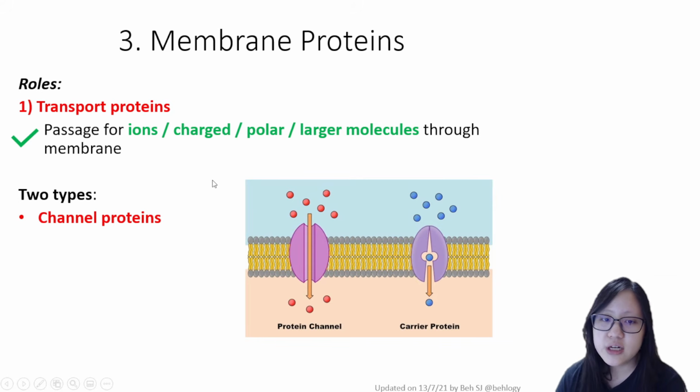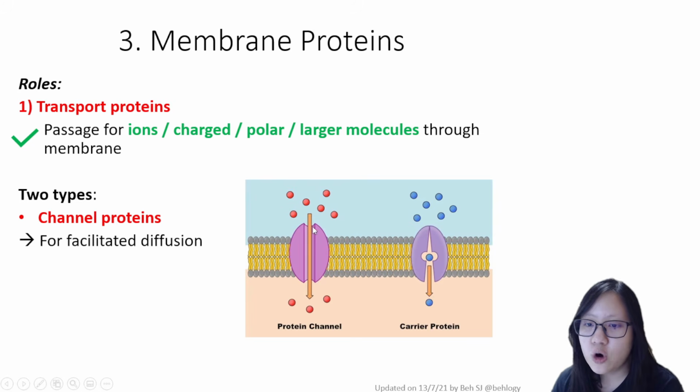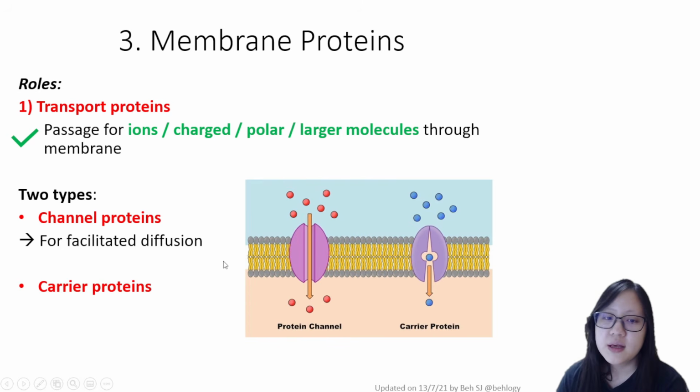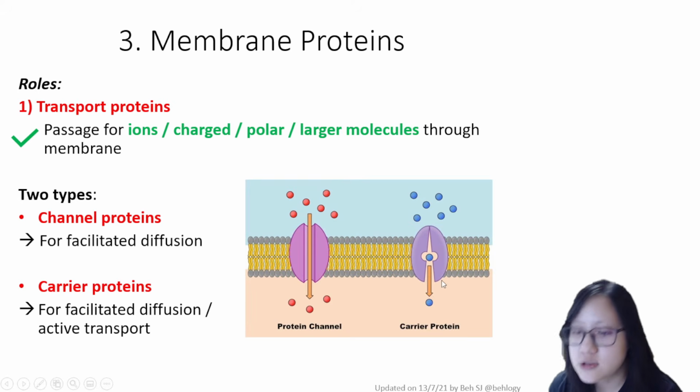There are generally two types of transport proteins: channel proteins or pore proteins, usually used for facilitated diffusion. We'll learn more about facilitated diffusion later. And carrier proteins, which are involved in both facilitated diffusion and active transport.